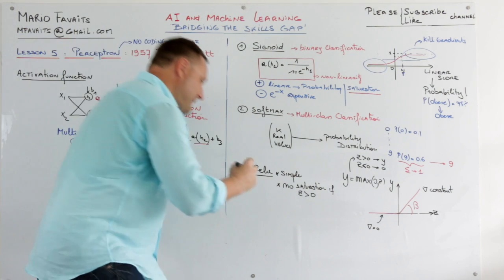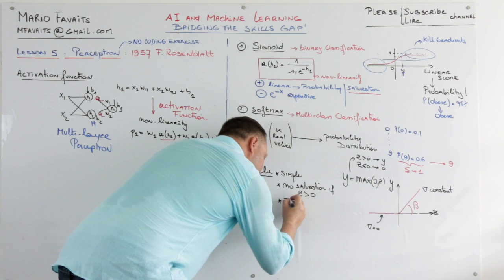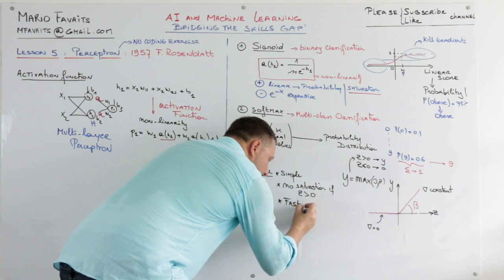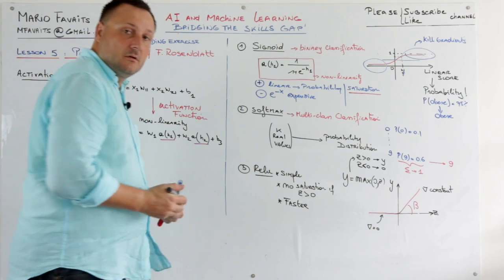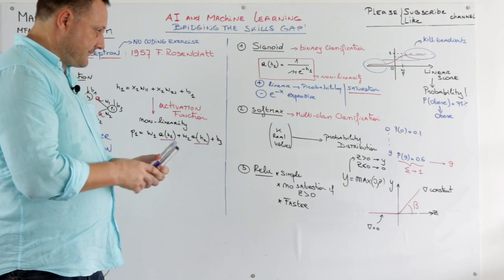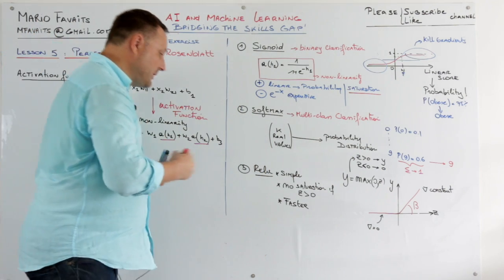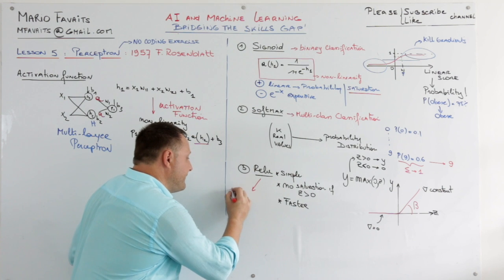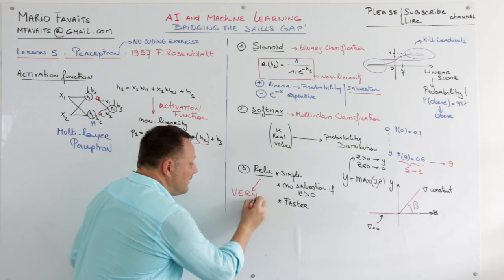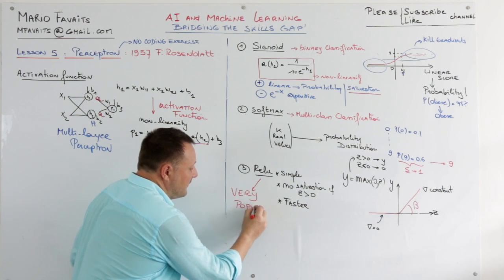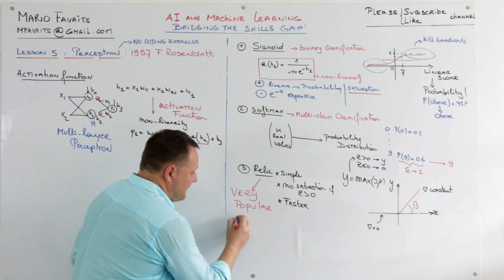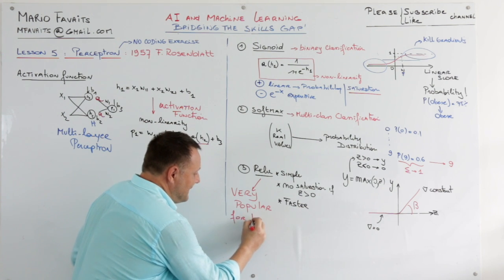And it's faster. It's way faster, but that's because it's simpler. So this ReLU is very popular for hidden layers.